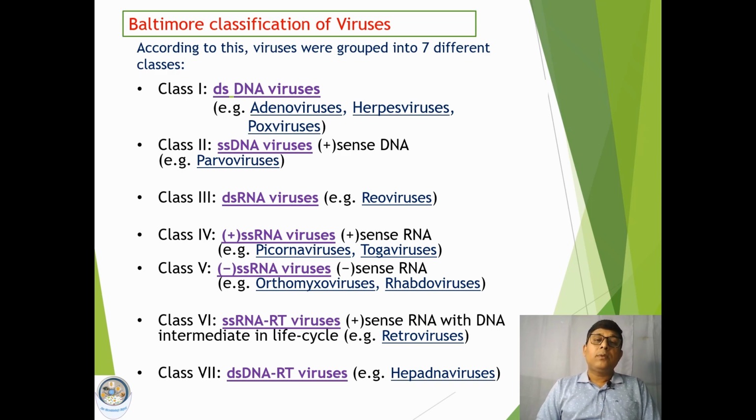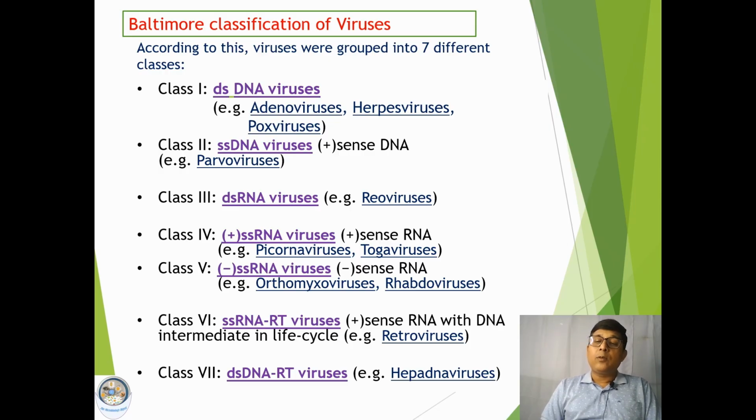Then class 2 is the single-stranded DNA viruses. Class 3, double-stranded RNA viruses. Class 4 includes the positive sense single-stranded RNA viruses, where the genome is single-stranded RNA of positive polarity.